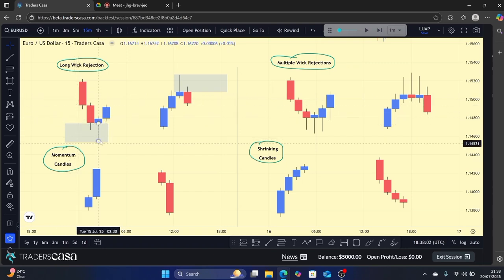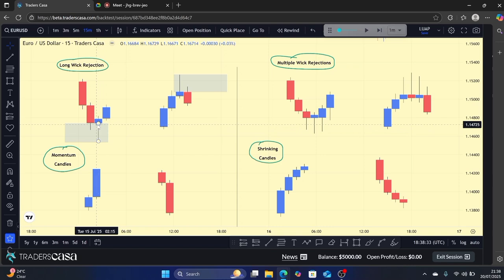And then we can clearly see that price rejected the downward prices and formed this candle. This candle has a small body, a small wick at the top, and a long wick at the bottom. This long wick showcases some buying pressure: once price tapped the zone, there was some buying pressure that caused price to move up.